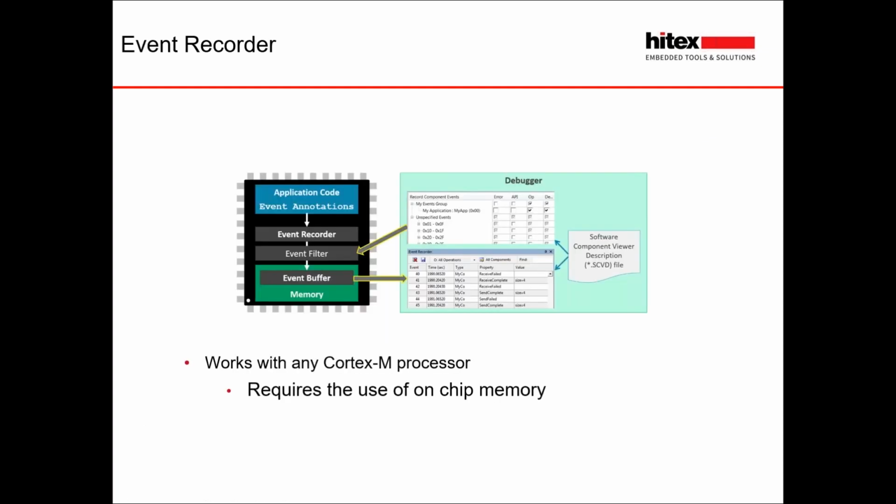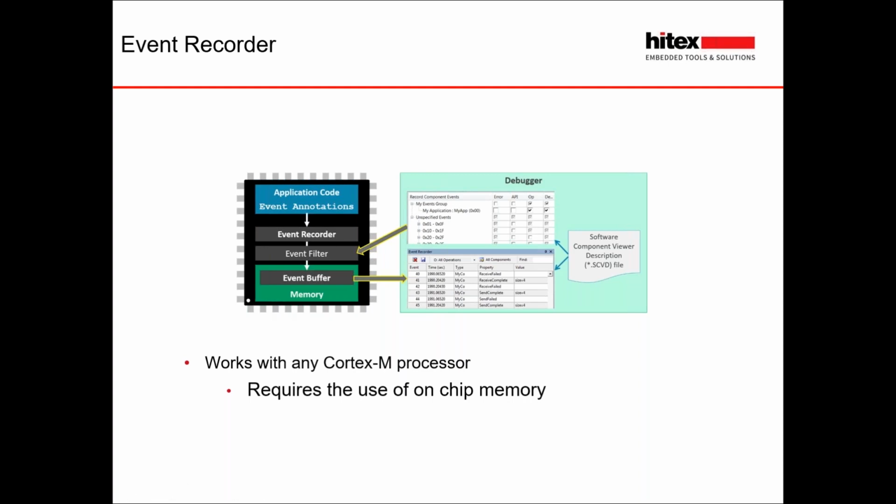The event recorder is a little bit different. Here, we add a small agent to our code, the event recorder code, and this creates a small memory buffer on board the chip. And again, we've got control of the size of this. We can then add annotations to our code.